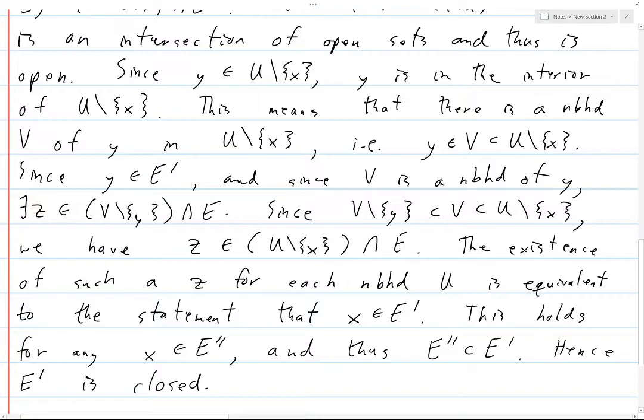So now let's move on. Next, we must prove E prime is equal to E closure prime. So the limit points of E are also the limit points of E closure. Let's see here.